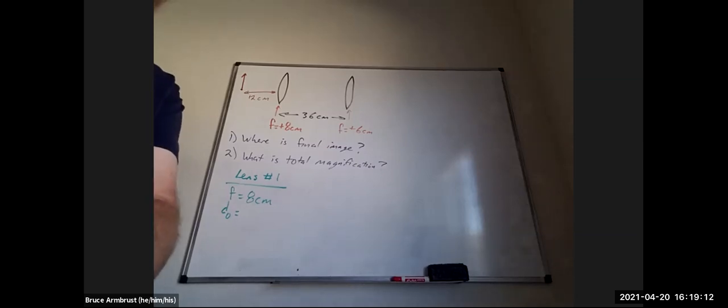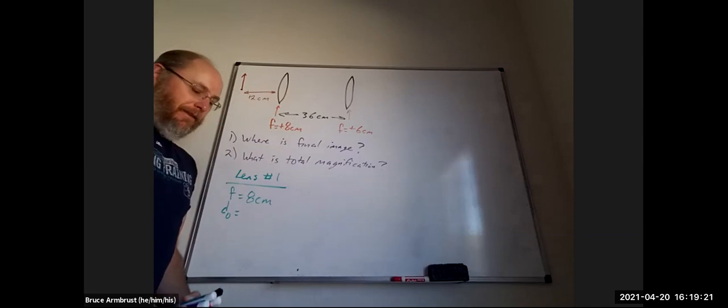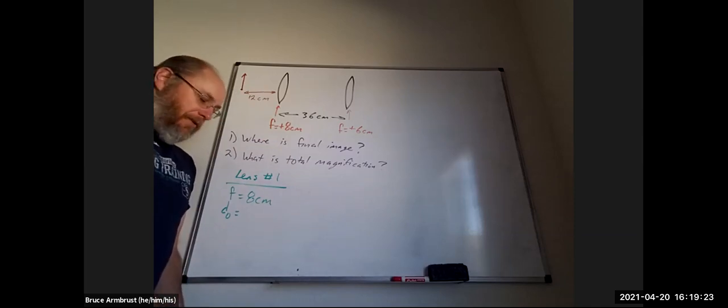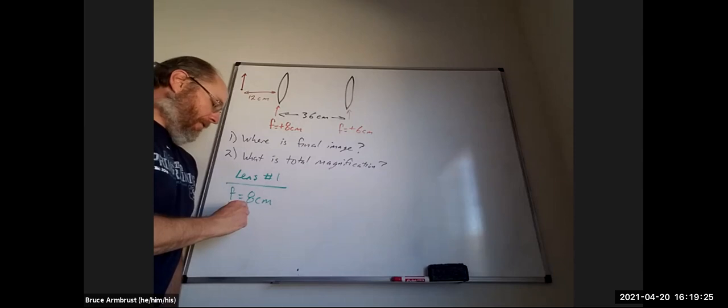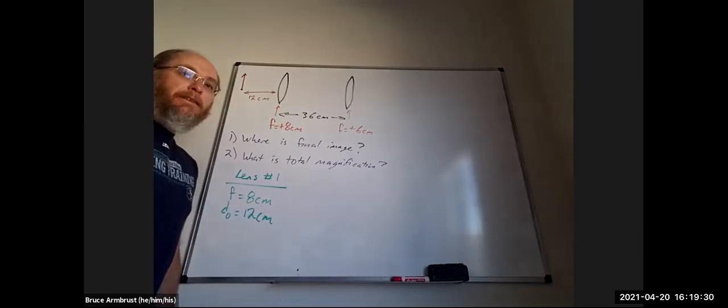And that's absolutely correct. Since that's a real object, the light rays are coming from that object. It's real, so it is going to be positive. So that object, its distance is a plus 12.